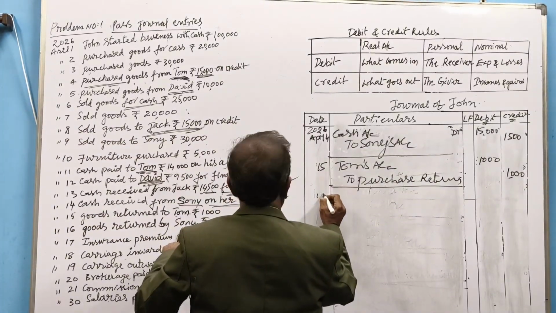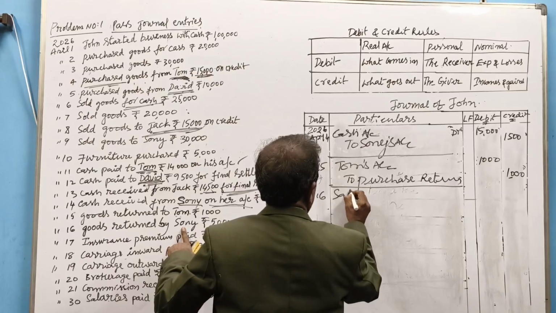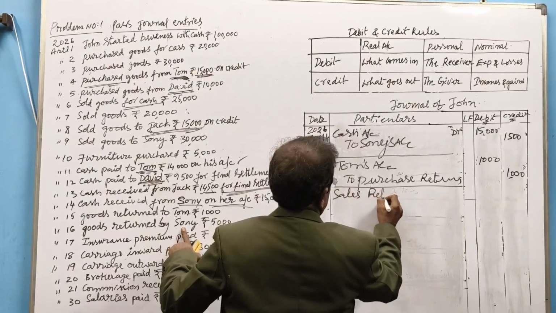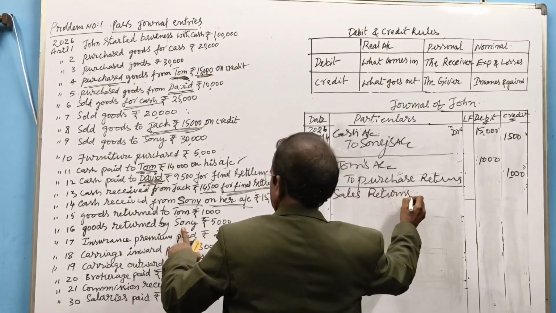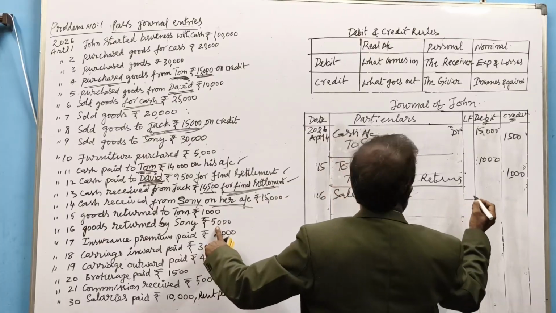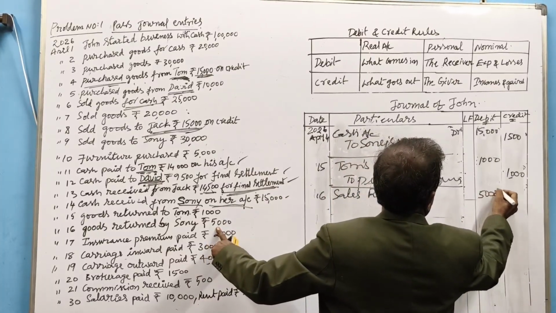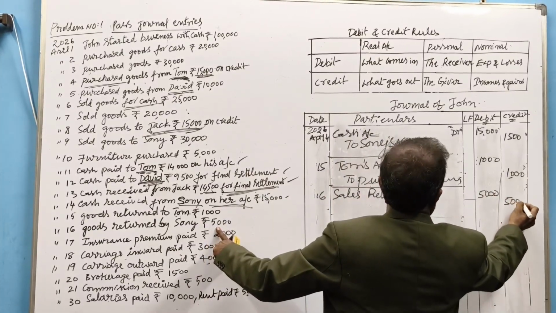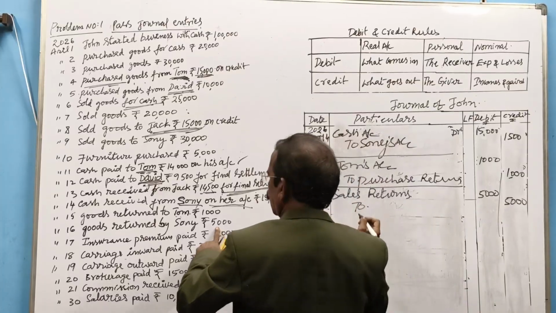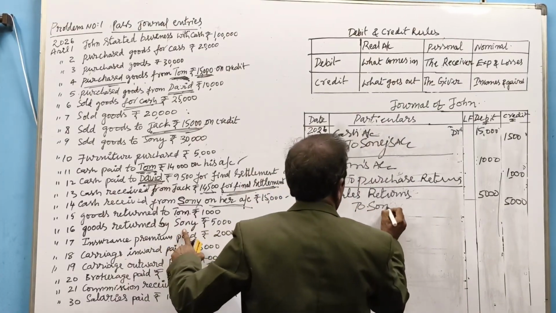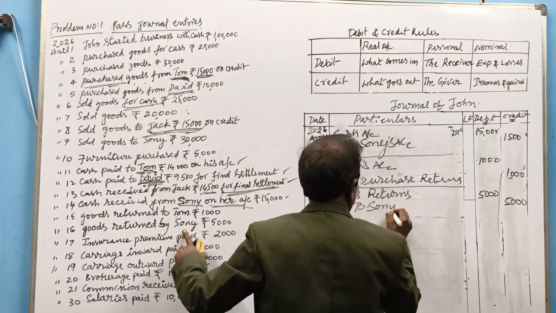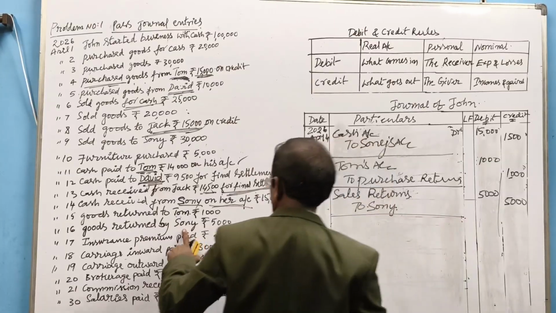So 16th, sales returns 5,000. From whom? From Sony.